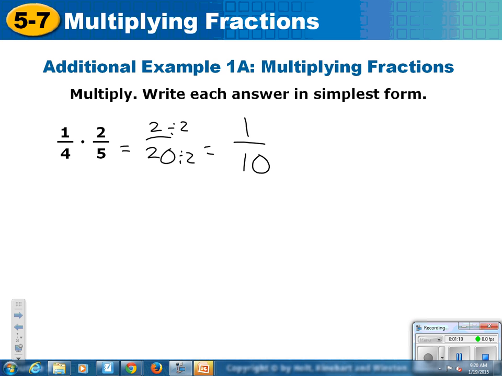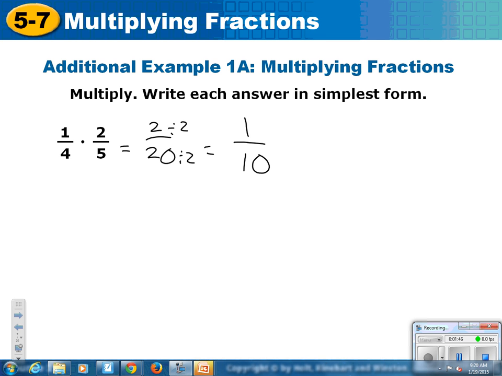Remember, common factors are numbers that 2 and 20 can both be divided by evenly. The factors of 2 are 1 and 2. The factors of 20 are 1, 2, 4, 5, and 20. What factor do they have in common? 2. What's the greatest one they have in common? 2. So we divide by 2 and we end up with 1/10.